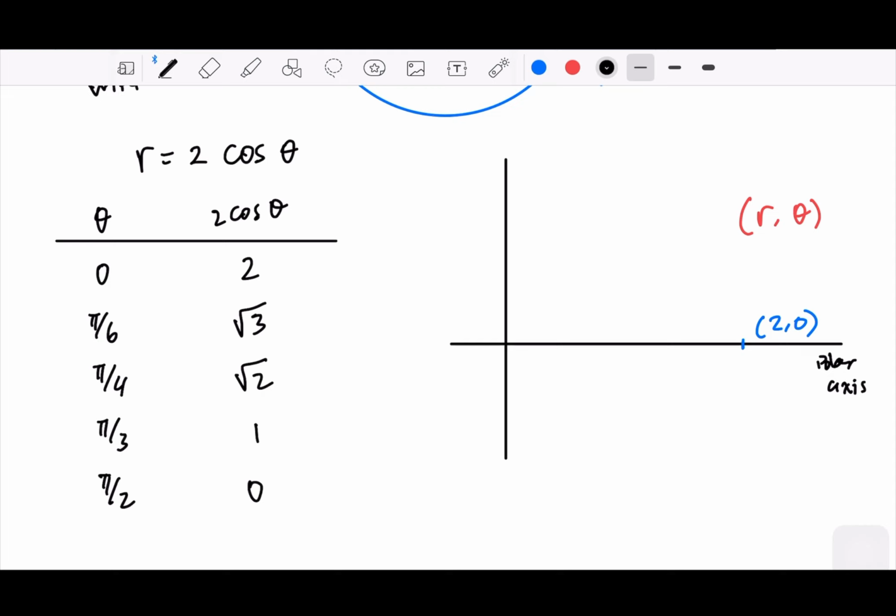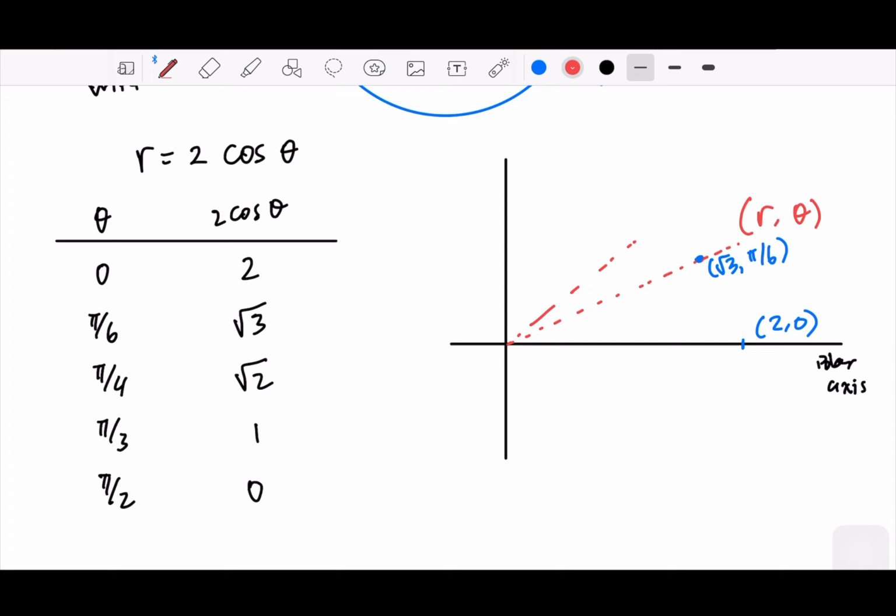And then we move on to, let's say, draw the pi over 6 around there. Maybe around here, this will be square root of 3 and pi over 6. And increase, maybe around here.